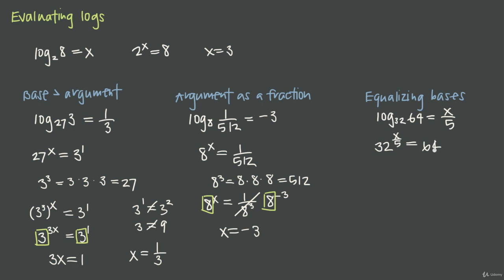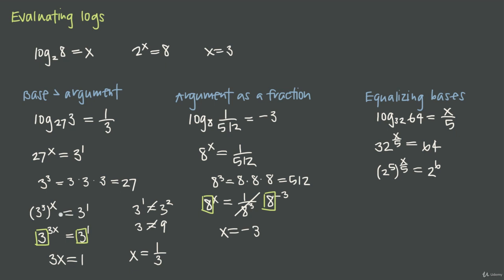What I want to notice is that both 32 and 64 are powers of 2. 32 is actually 2 to the 5th power. So I want to rewrite 32 as 2 to the 5th. So I'll say 2 to the 5th raised to the x over 5 is equal to 64, which is 2 to the 6th power.